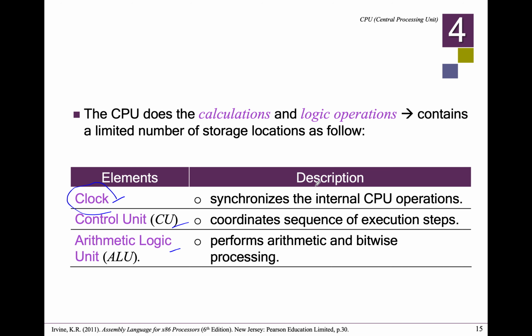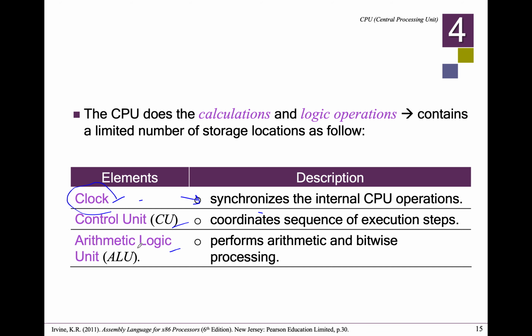You can see what the functions of your clock are and what you can use it for. The description is to synchronize the internal CPU operations. And you have the control unit. Basically all these elements and tasks you already learned in module 1.